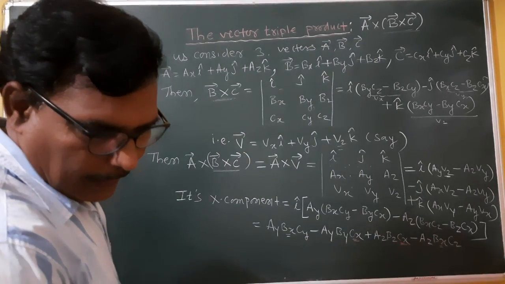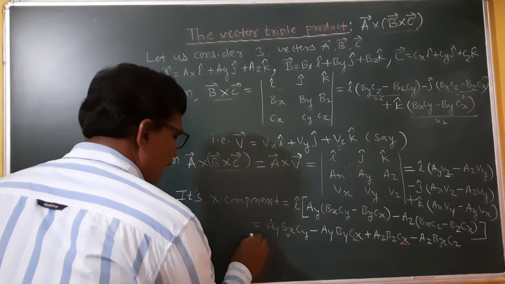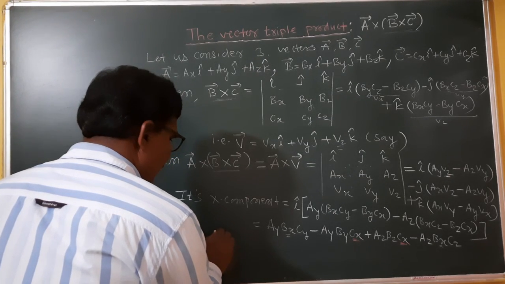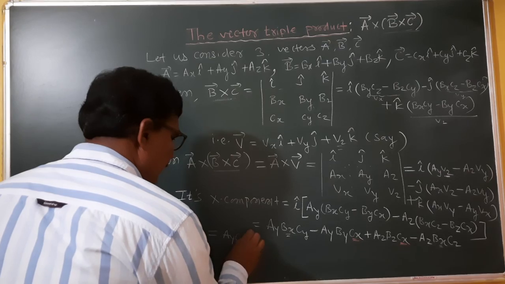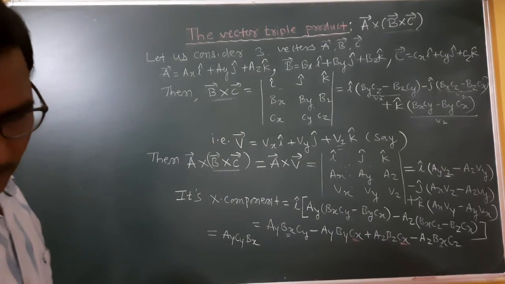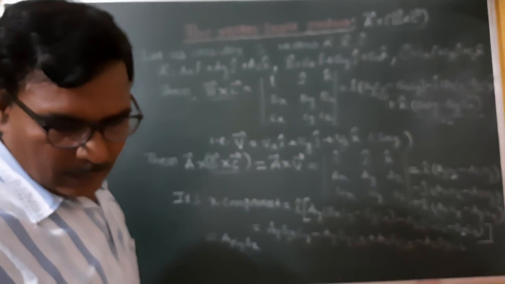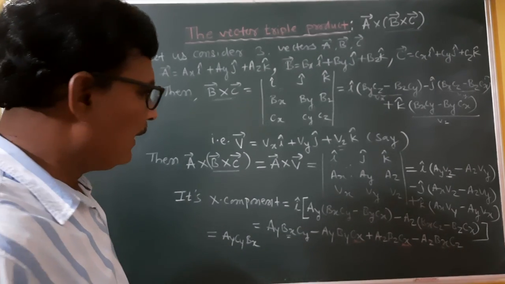First of all, we have to add Ay Cy. First term is Ay Cy into Bx. Second term we have to write Ay Cy into Bx, Az Cz into Bx.